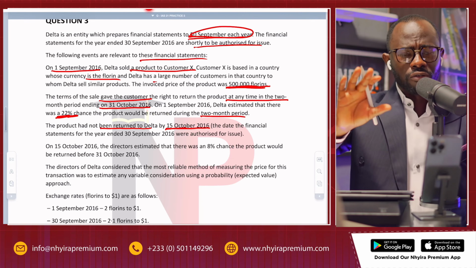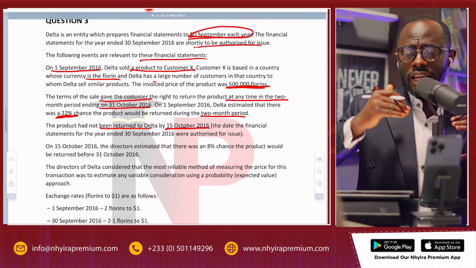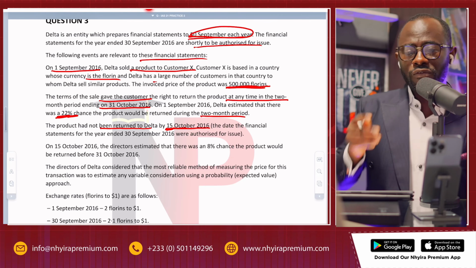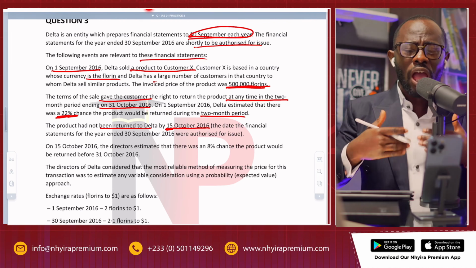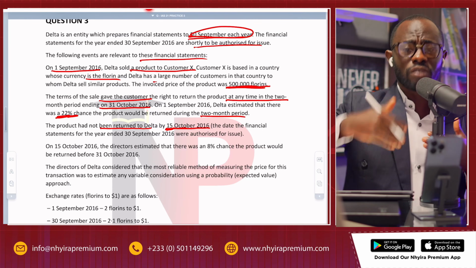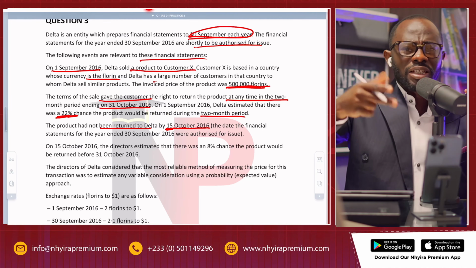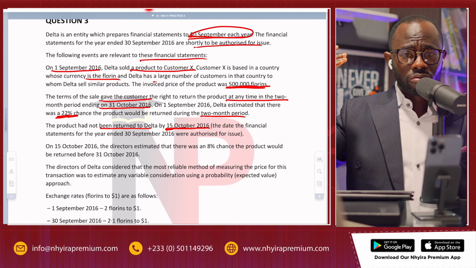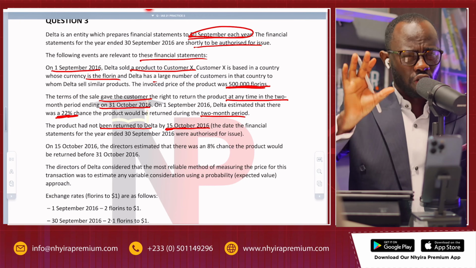But you got to be careful because the customer has a right to return the goods in 2 months' time. So at 15th of October, where we are authorizing the financial statement for publication, the customer still has about 15 days to return the goods if he so wishes. So you got to be careful here.